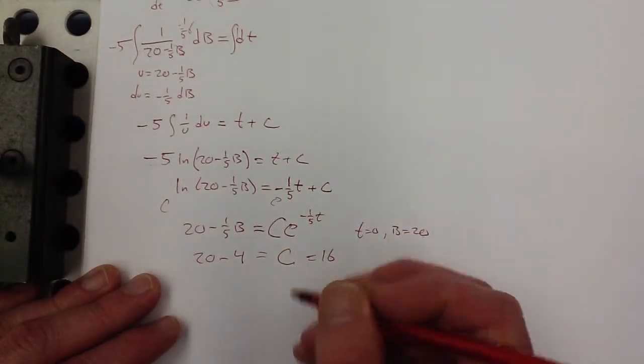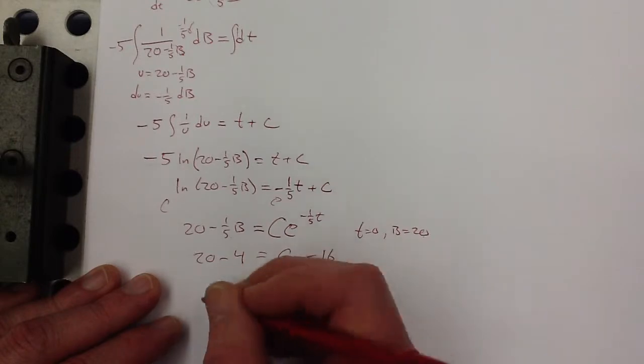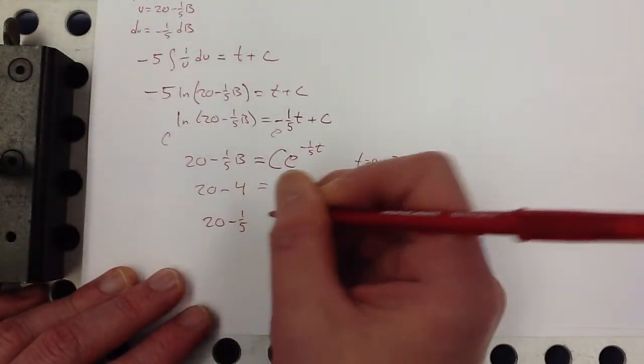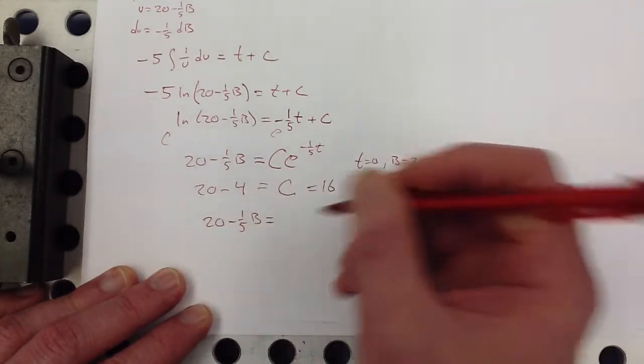16. So that gives me, let's see, 20 minus 1/5 B equals 16 e to the negative 1/5 t. I'm not skipping any steps here because why would you?